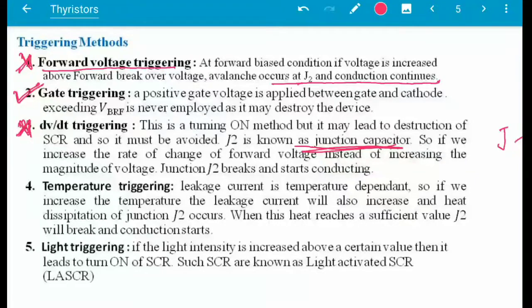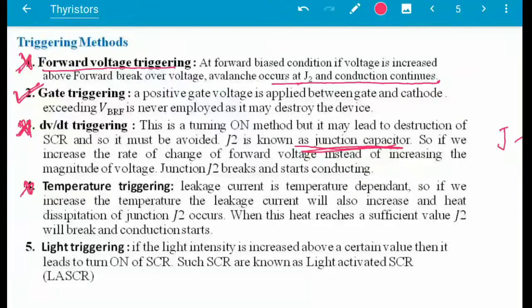So if we increase the temperature, the leakage current will also increase and heat dissipation at junction 2 occurs. When this heat reaches a sufficient value, J2 will break down and start conduction. So this is not a proper method. This is used but not a proper method.